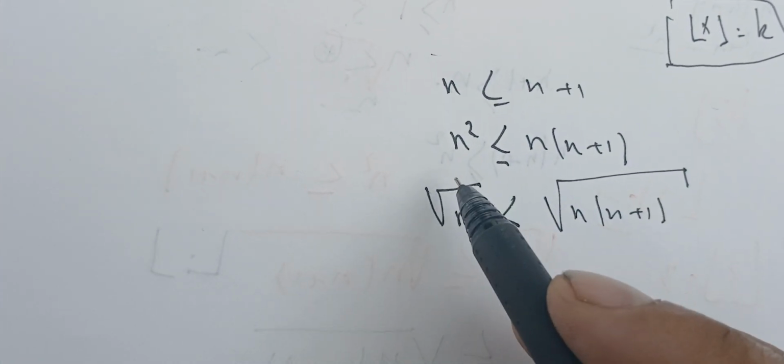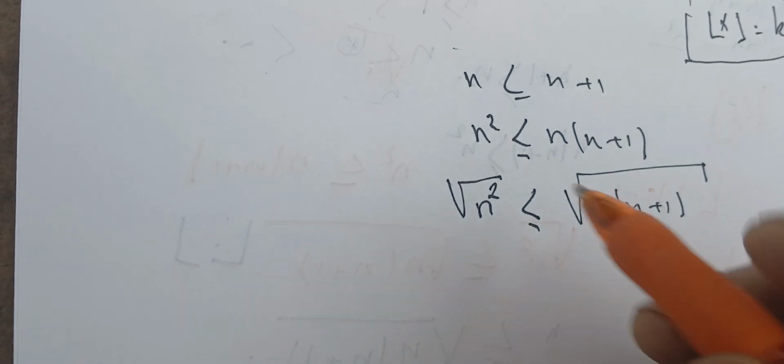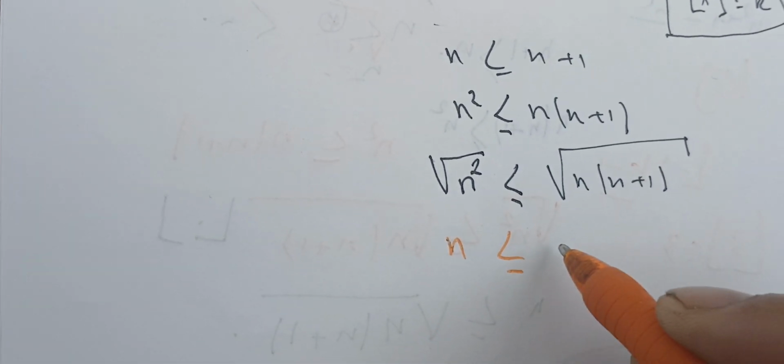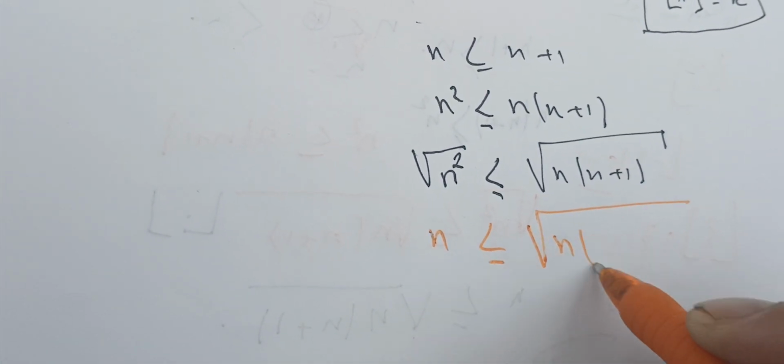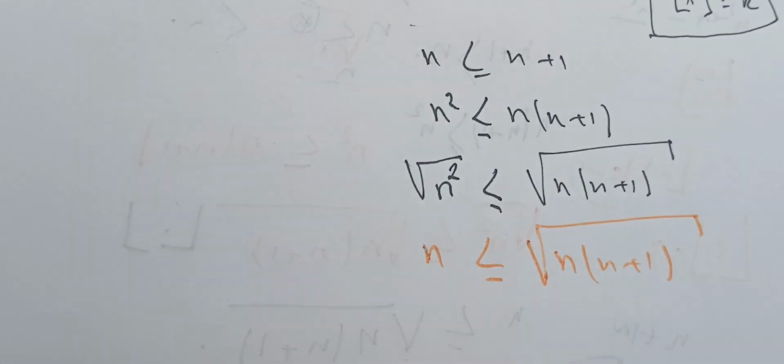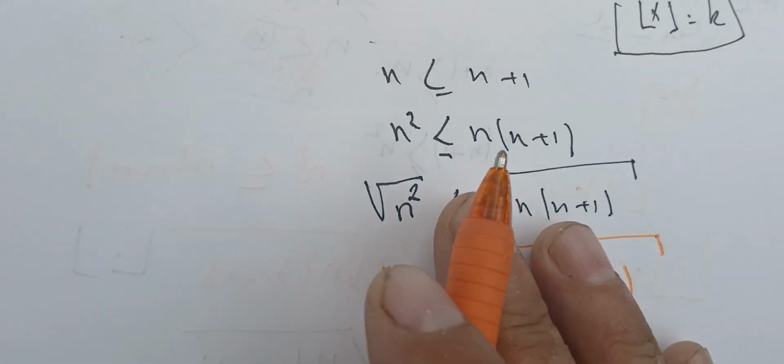The square root of n squared is just n, and therefore n is less than the square root of n times (n plus 1). We are just using algebra and the ordering of elements.